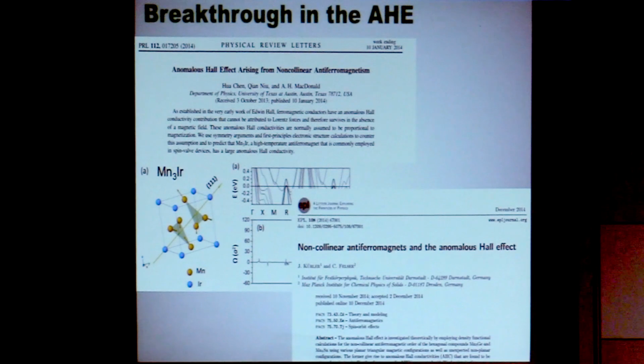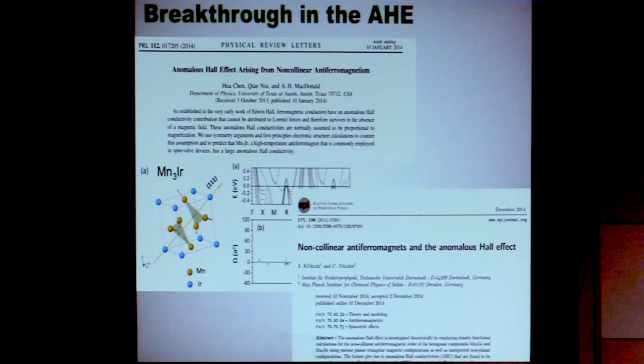With this kind of background, there is another breakthrough in the anomalous Hall effect for antiferromagnets. In 2014, MacDonald's group again predicted that in manganese-3 iridium there is a non-zero Berry curvature induced by the non-collinear spin structure.